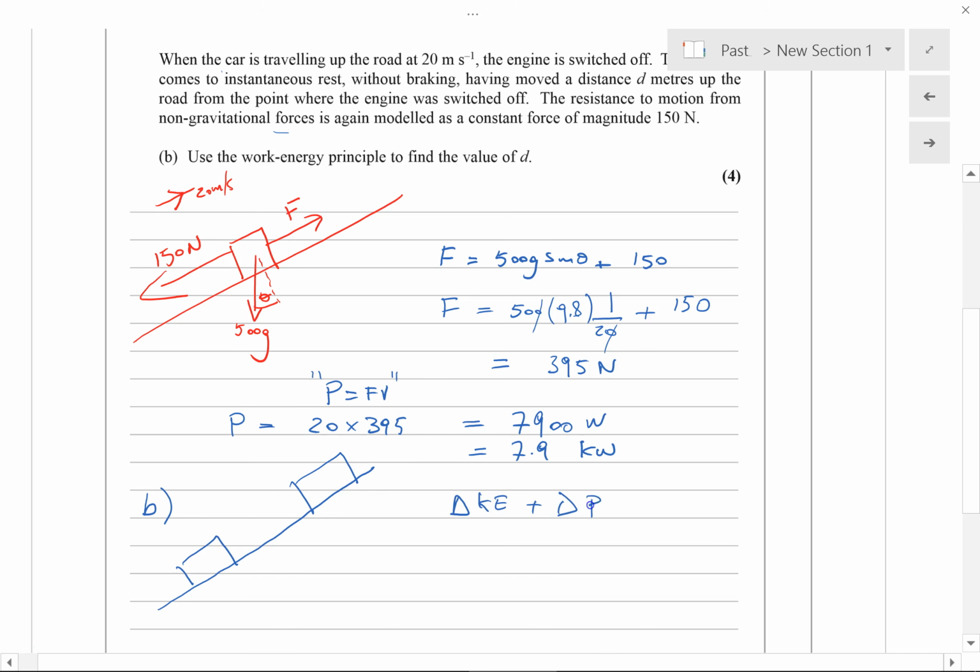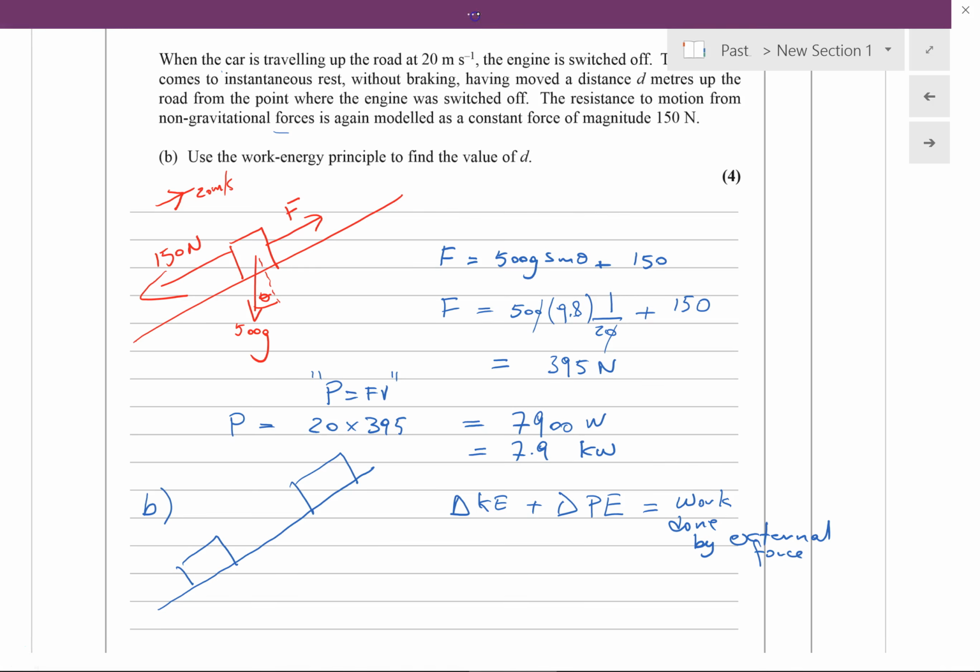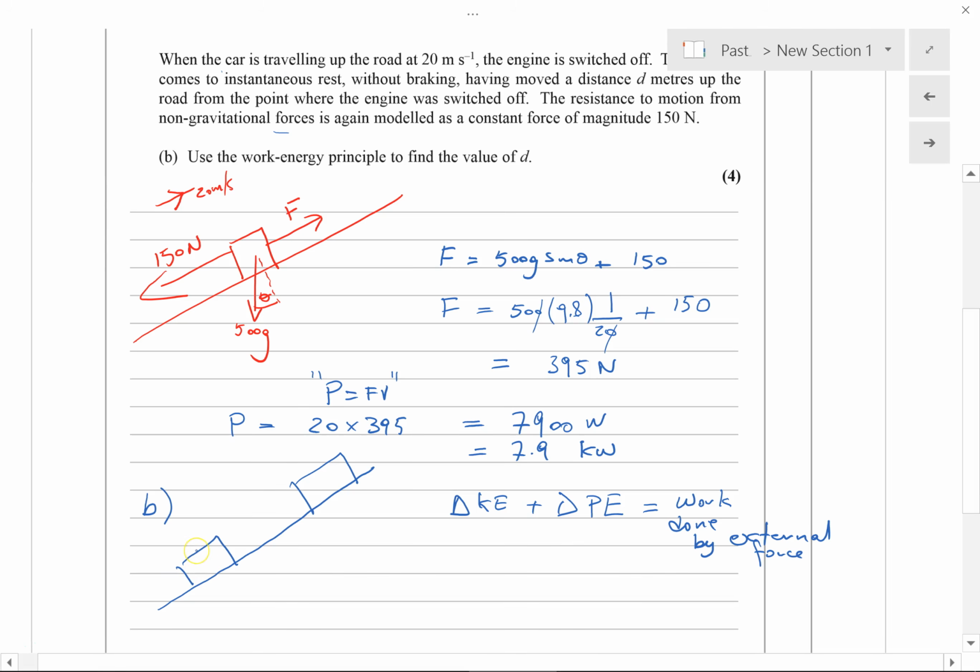Any change, positive or negative, of kinetic energy plus any change, positive or negative, of potential energy is equal to work done, positive or negative, by external forces. In this case it will be negative, because we'll have the resistances. Okay, so let's just do a little diagram. We've got the 150 newtons here.